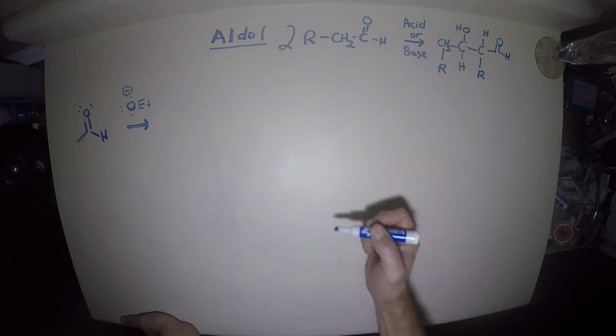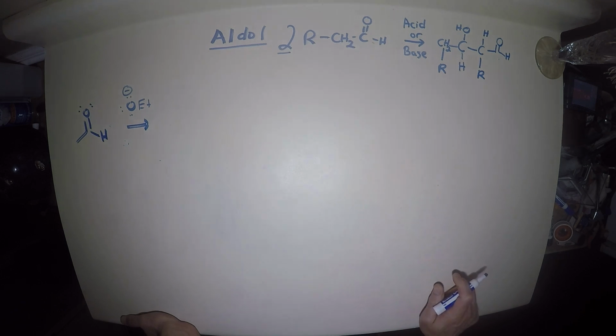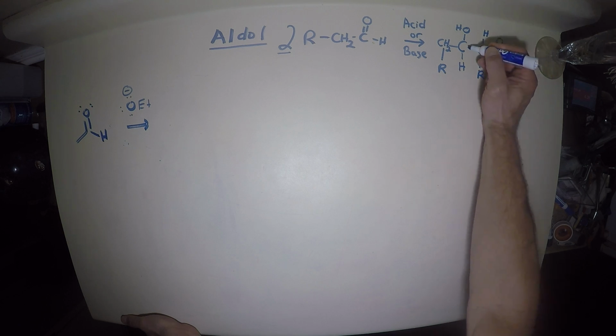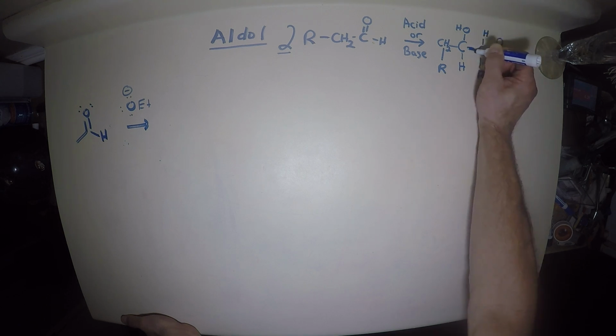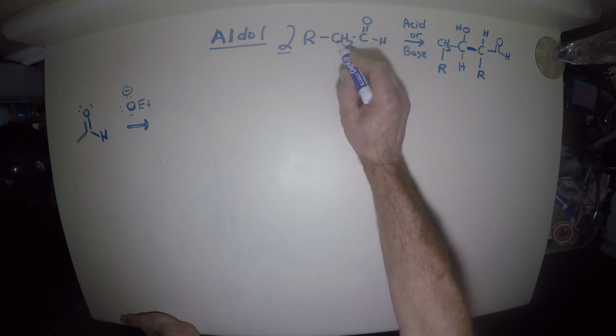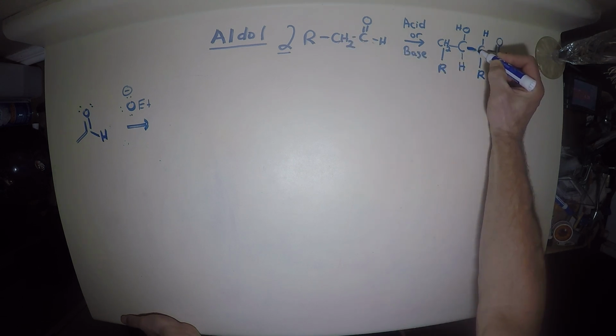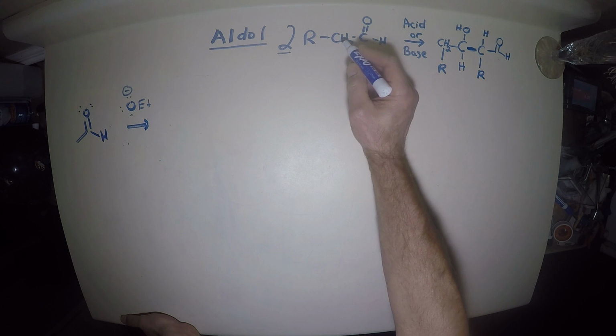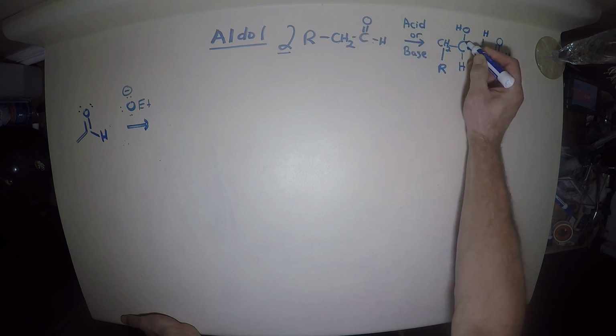As shown here, it's often a self-condensation, and thus you need two molecules, and they combine into one new molecule, and the key linkage is going to be between the alpha carbon of one molecule and the carbonyl of the second.